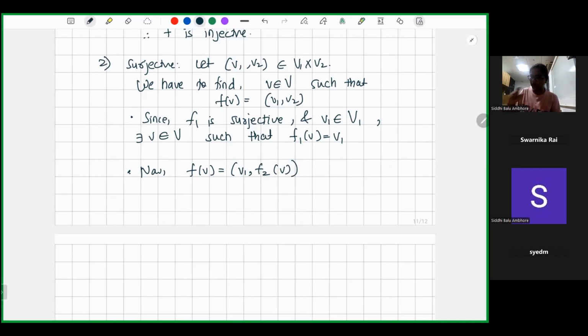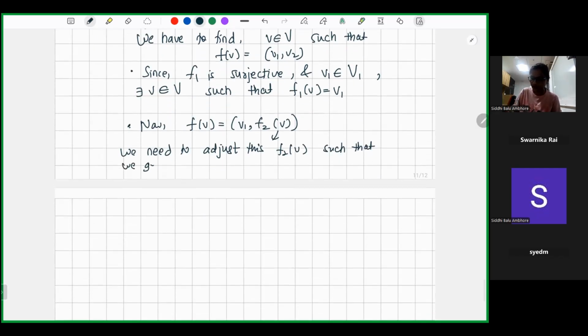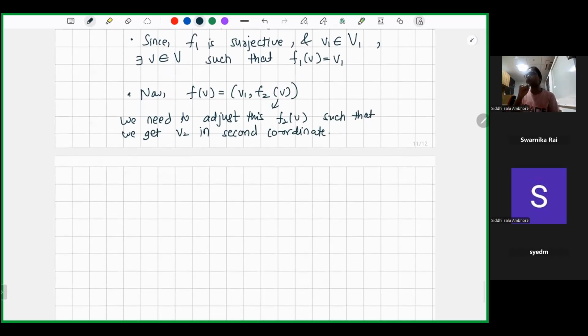And now we need to adjust this f2 of v such that we get v2 in the second coordinate. This is what we want to do.